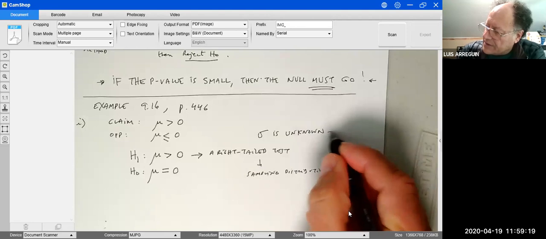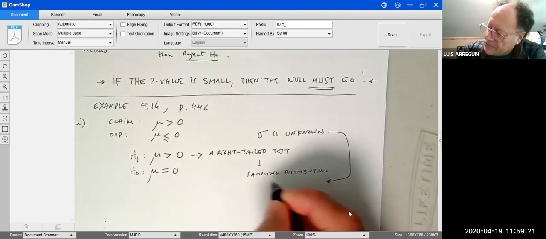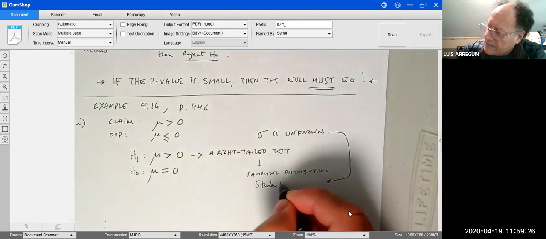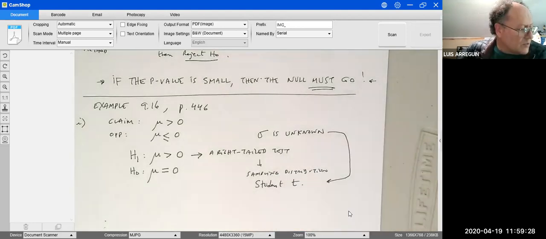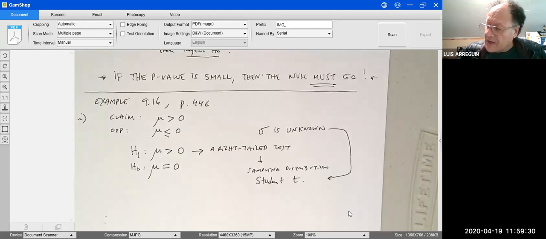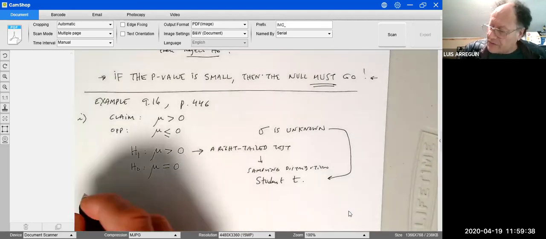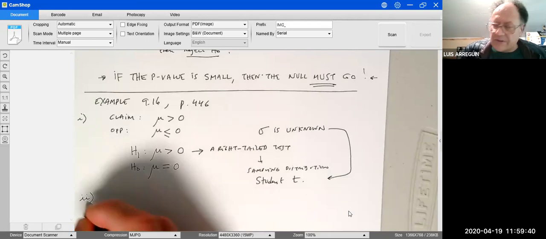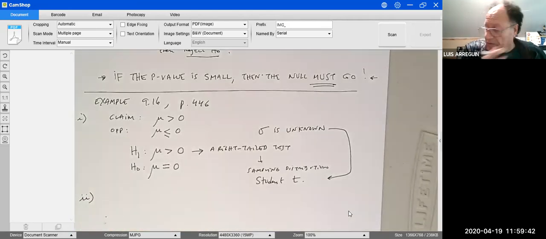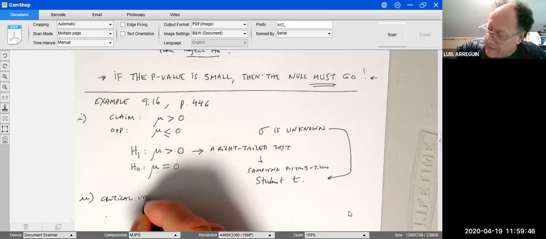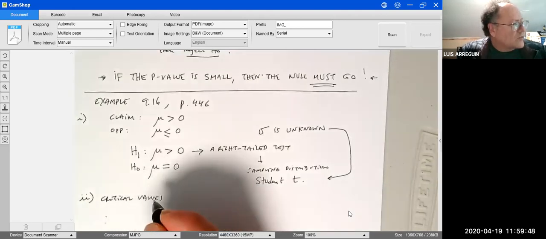Because of this, our sampling distribution is going to be the student t distribution. Now the next step is computing the critical values, if we want to use the critical value method. So we're going to need to compute the critical values.